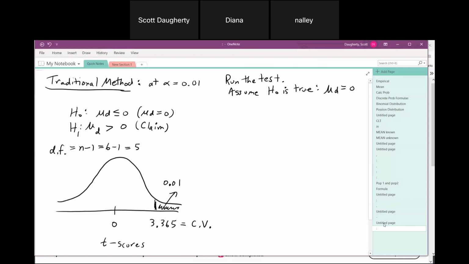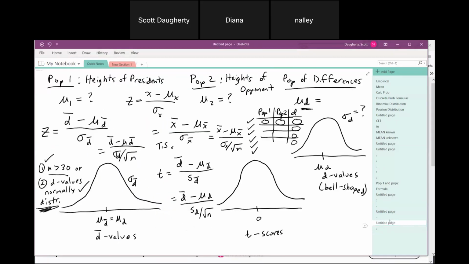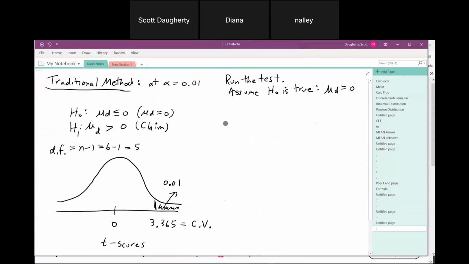In other words, if you average up all the d values that you get from the entire population, after subtracting population 2 from population 1, the matched pair here, once you find all these differences from the entire population, the assumption we're making is that this ends up averaging to 0. Okay.